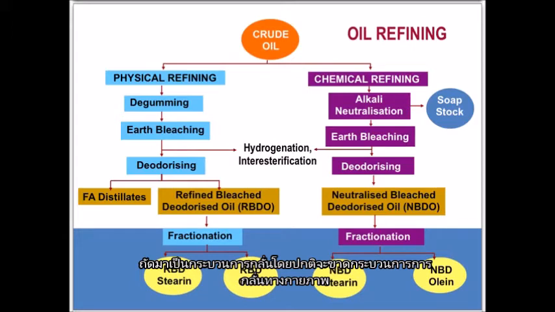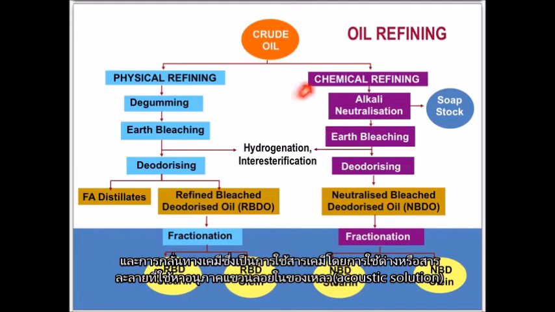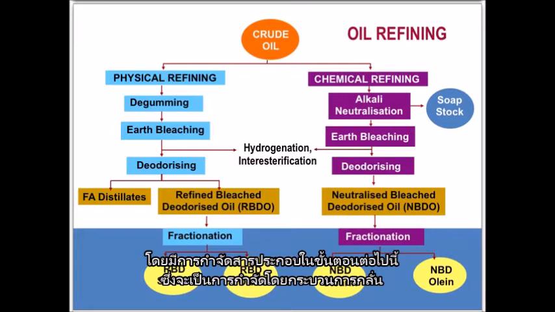Then for the refining process, in general, we can divide the process into physical refining, basically by using high temperature steam distillation, and chemical refining, which uses chemicals, an alkali or caustic solution, to remove the components that need to be removed during the refining process.